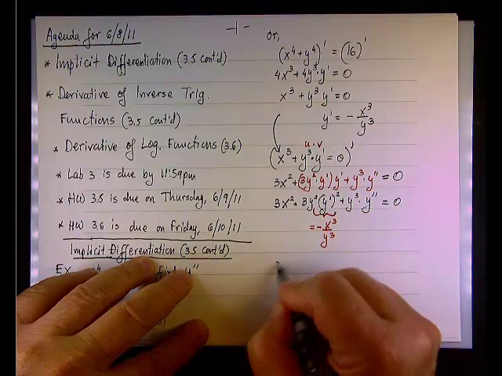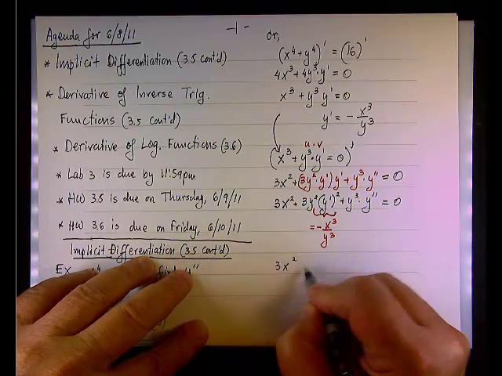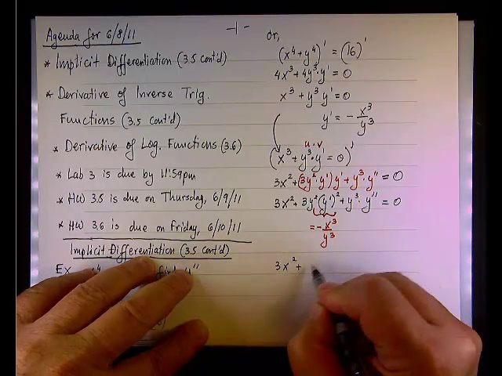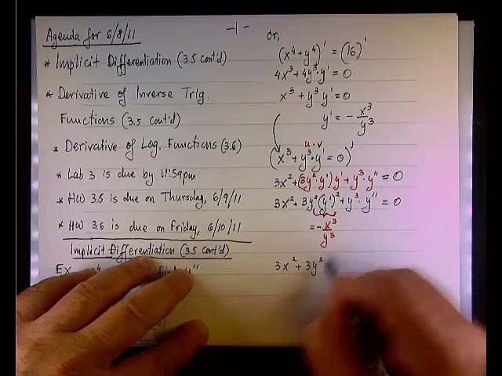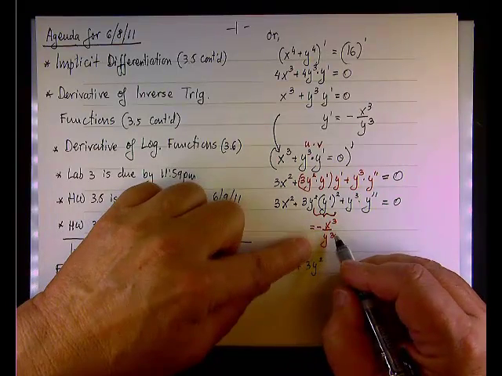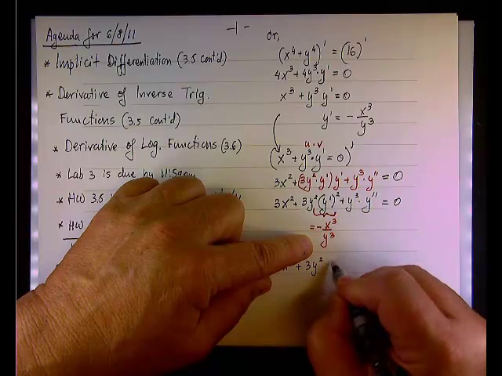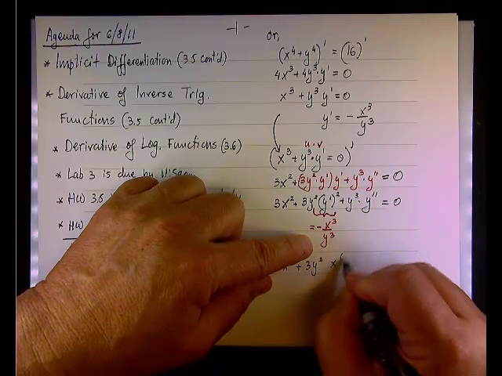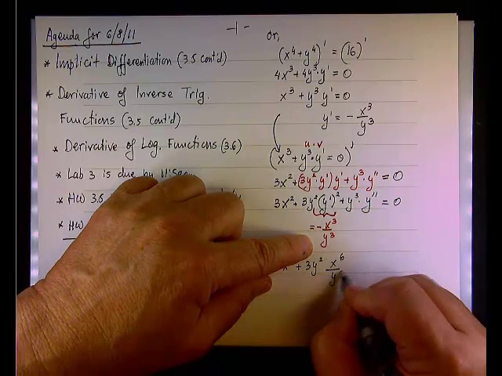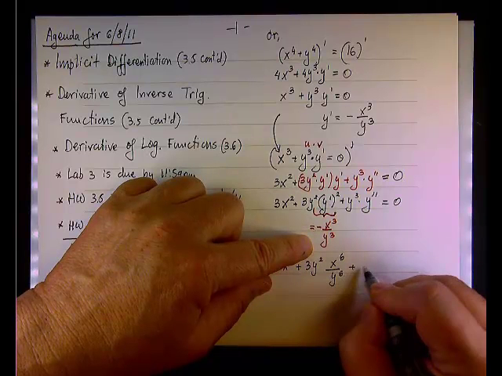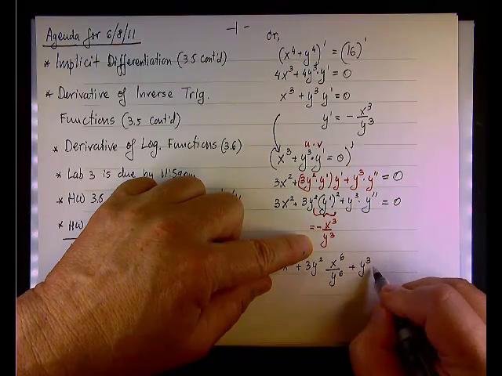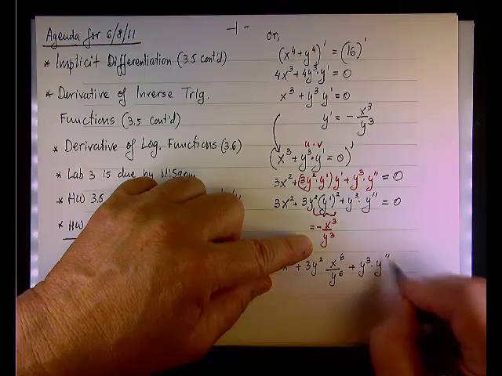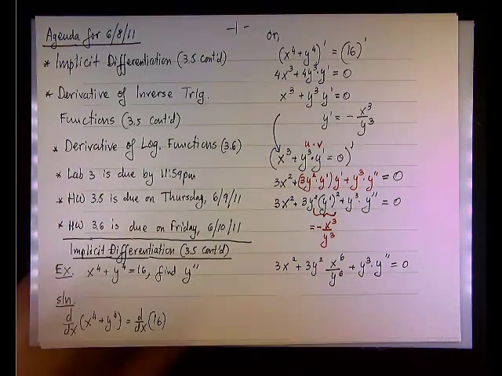So now we have 3x squared plus 3y squared, and then we squared the negative x cubed over y cubed, and we have x to the 6 over y to the 6 plus y cubed times y double prime, all of it equals 0.